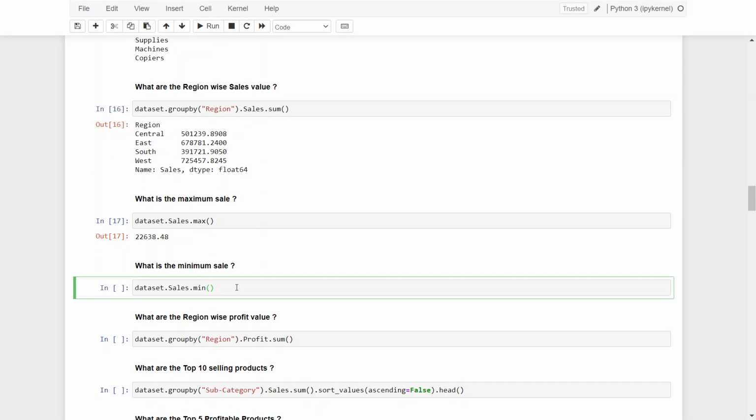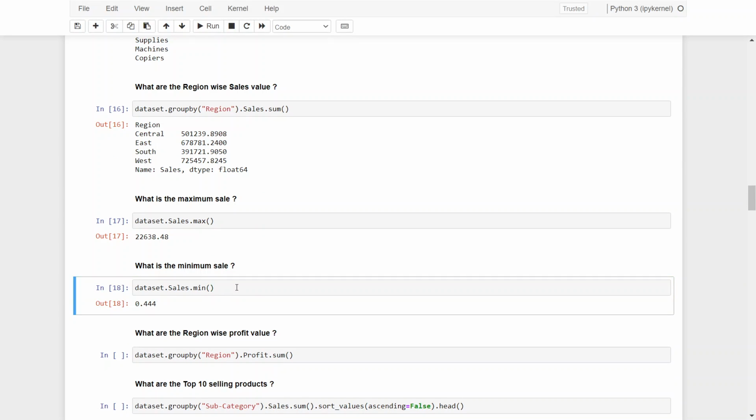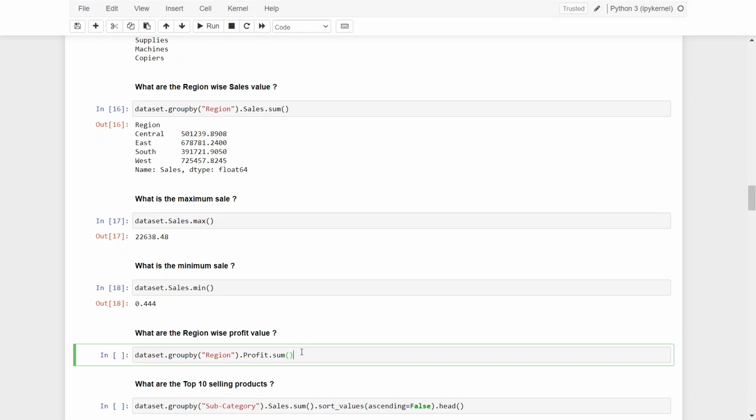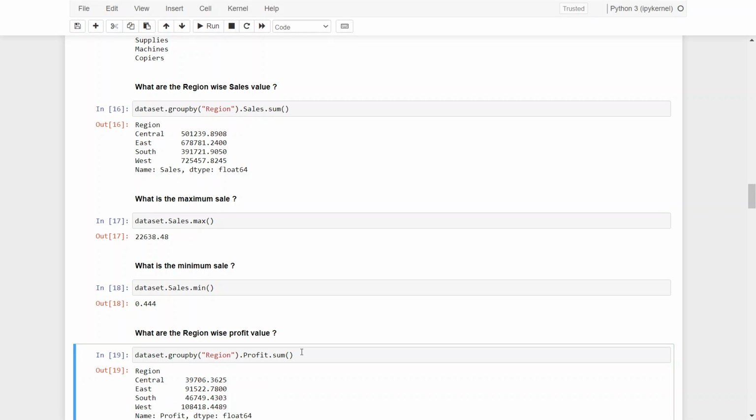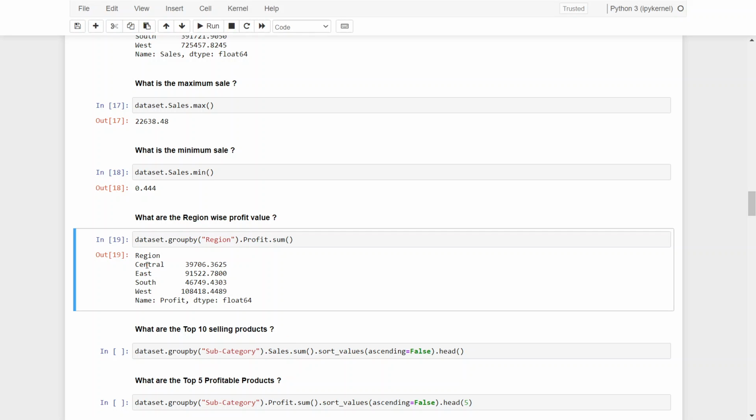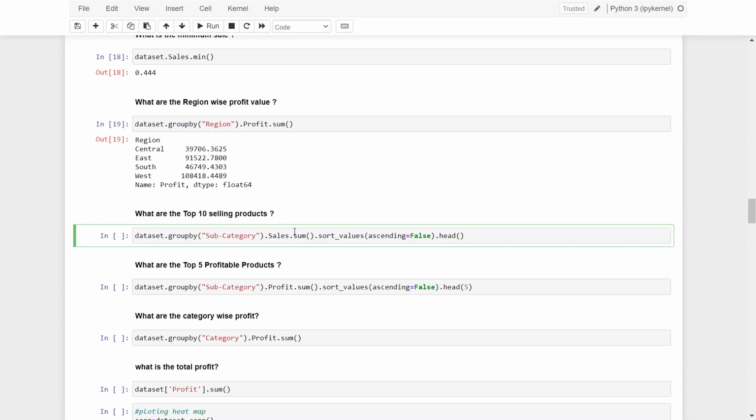And what is the minimum sale in the retail dataset? The minimum sale is 0.444. And what is the region-wise profit value? You can see the central, east, south, and west have the profit value of this much amount. All are floating type values. So I am going to print the top selling products.